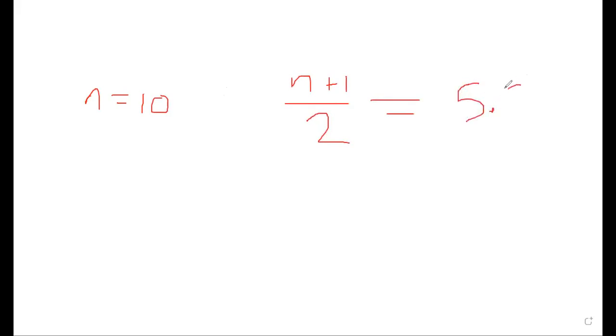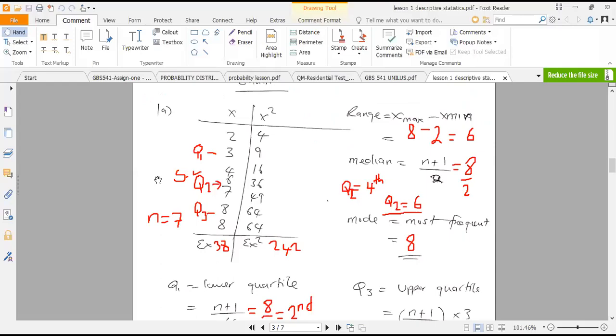You take the 5th number and the 6th number, and you divide by 2. If the 5th position and the 6th position are 7 and 8, you add them and divide by 2. That is how we find our median.